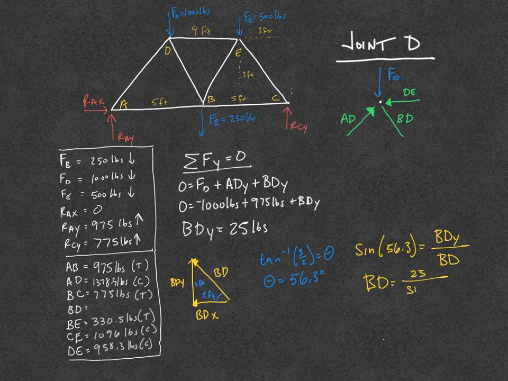Rearrange my equation, plug in my values here, and I have BD is going to be equal to about 30 pounds. So it's 30 pounds up and to the left, so that means this is in compression as well since it's going towards the joint. I then note that on my chart, noting in compression, and there's just one last thing to do.